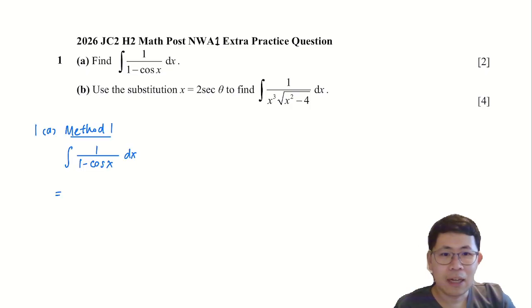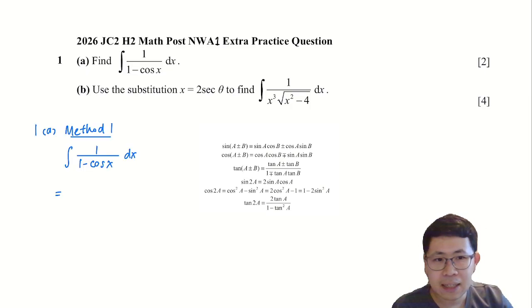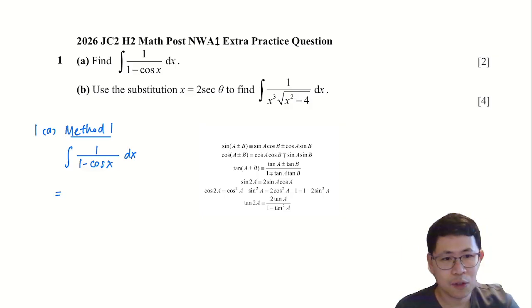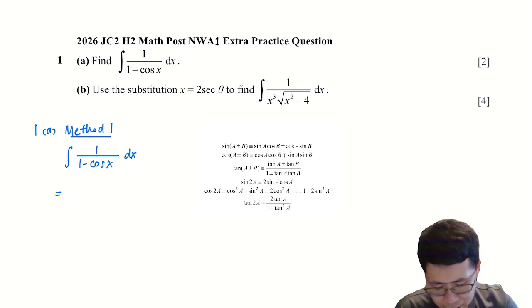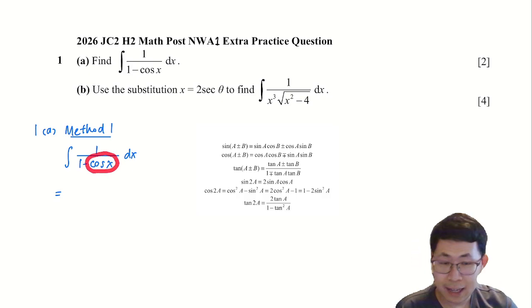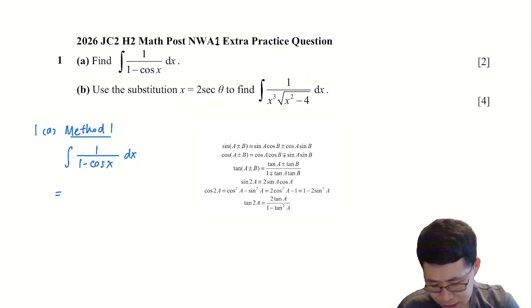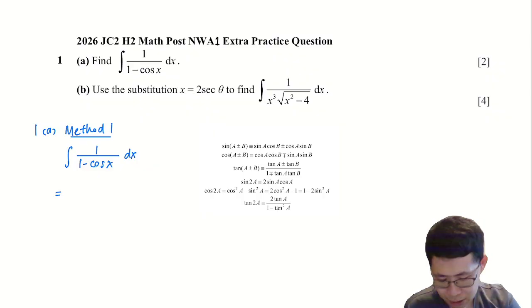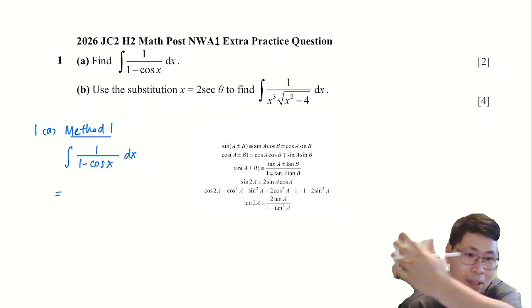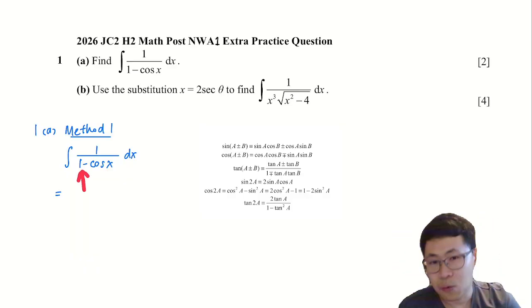In our MF27, you can actually see that there's a list of formulas over here, right? And notably, which one allows us to change away cosine x? At the same time, there is a 1 in the formula that we can use to get rid of this 1 over here.